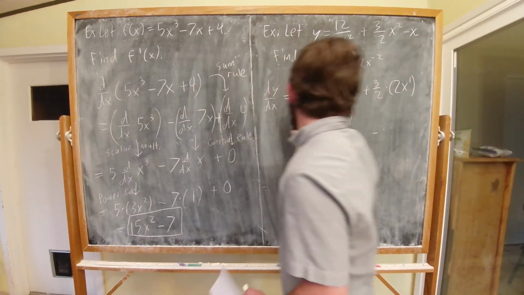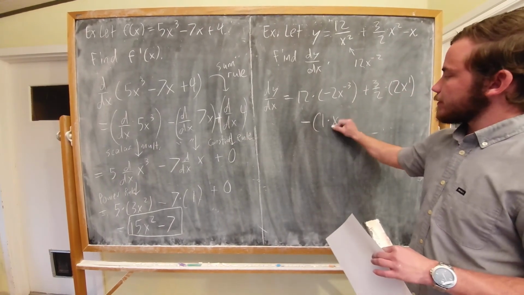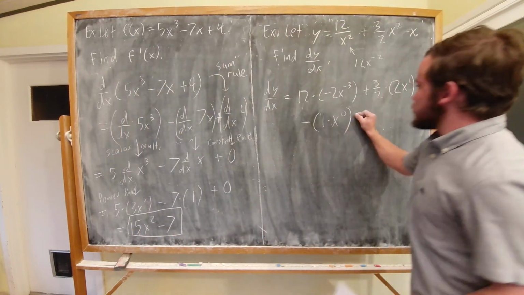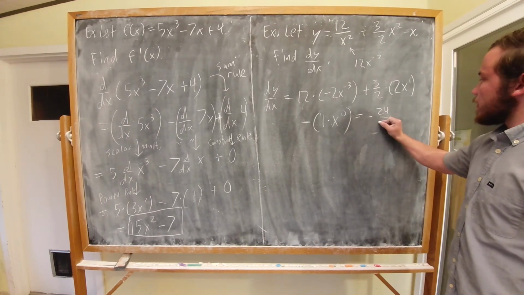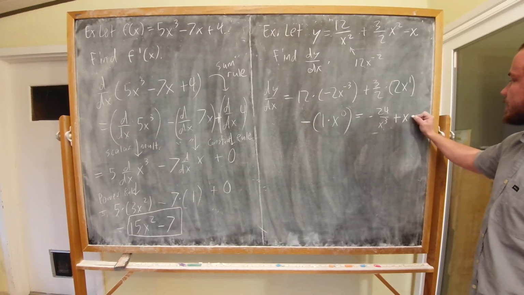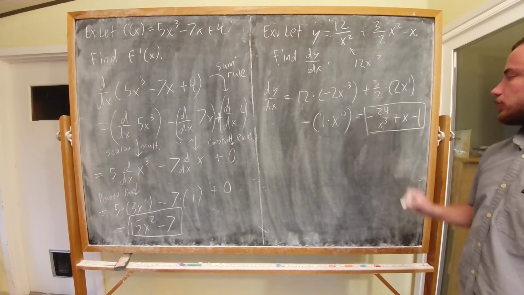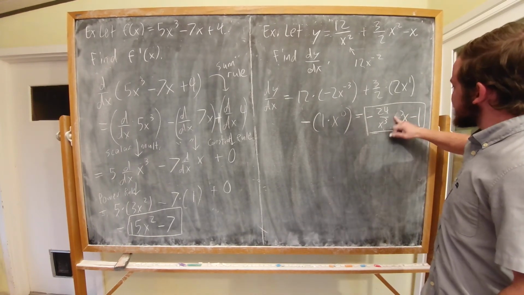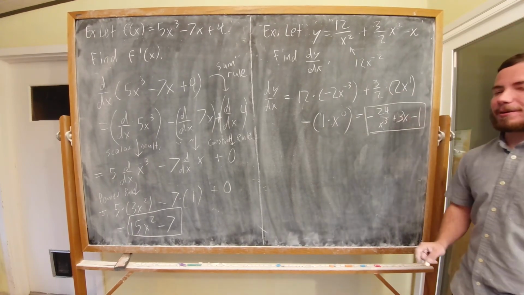I guess in fact this should also be within the parenthesis. Alright. Which evaluates to negative 24 over x cubed plus x minus 1, using our rules of exponents. Or sorry, plus 3x. 3 halves times 2 is 3, not 1.